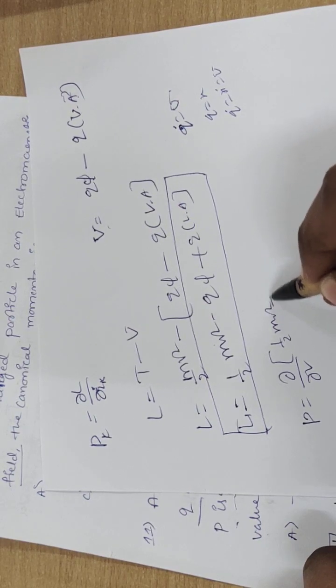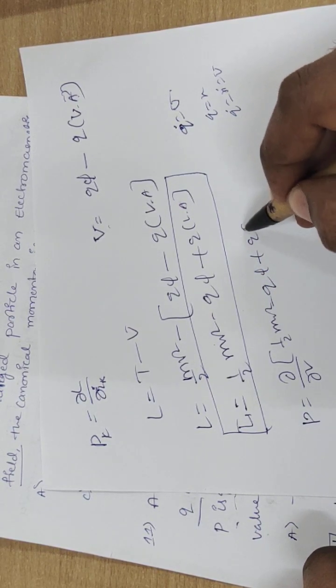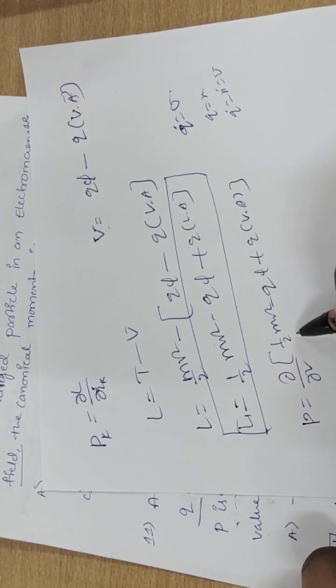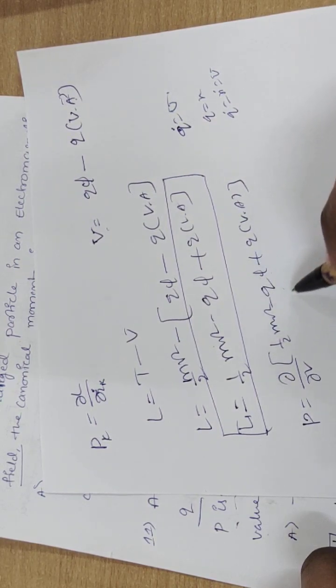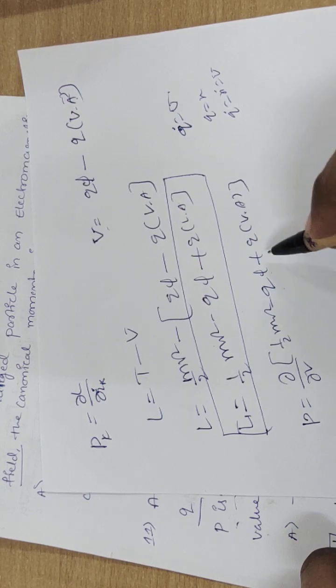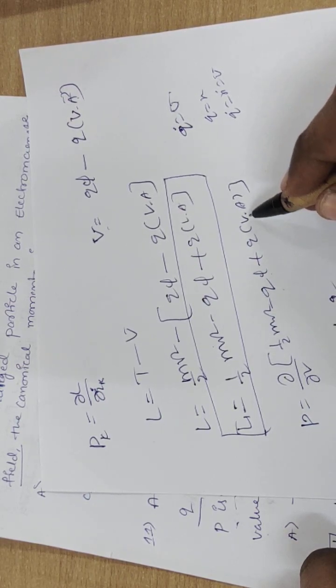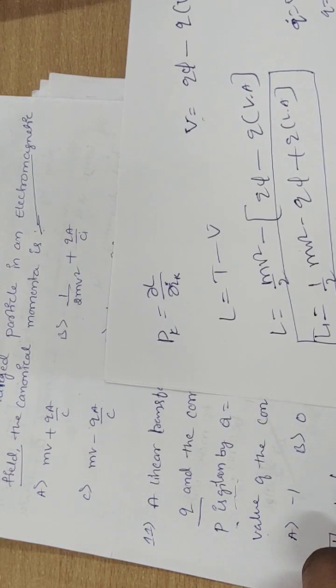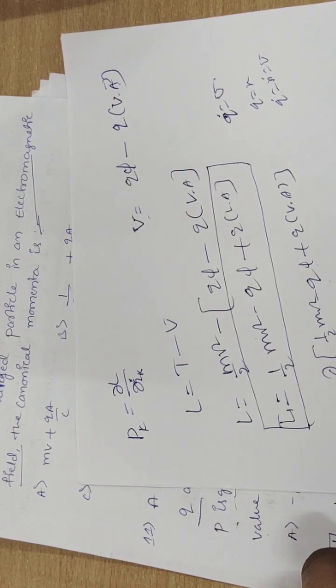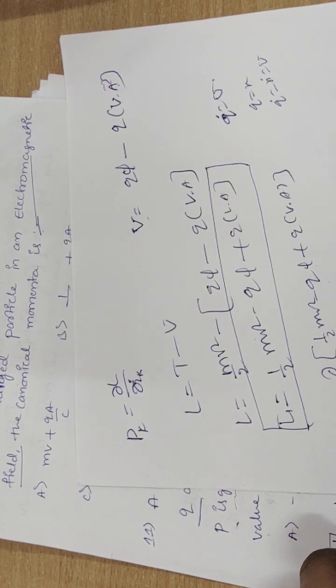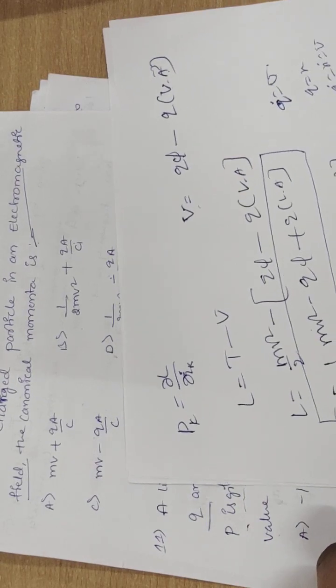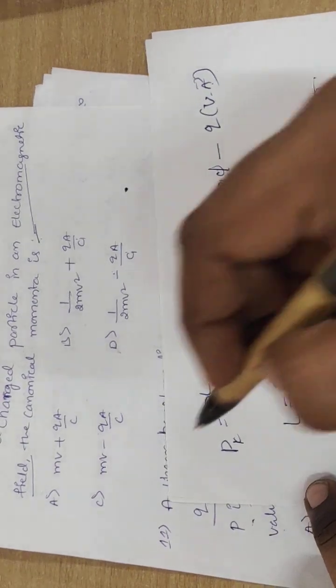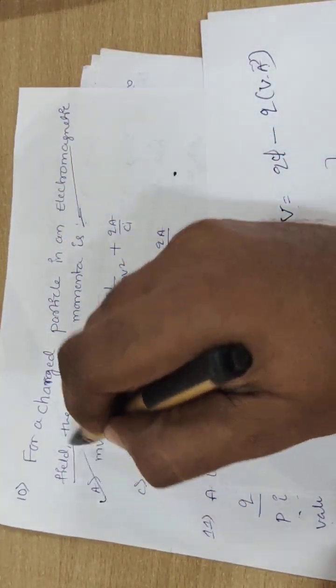Differentiating half m v square minus q phi plus q into v dot A with respect to velocity, we will get m v, the half and 2 cancel, minus q phi has no velocity so it is 0, and plus q into A. So m v plus q A. In CGS terms, we will divide it by c. So p is equal to m v plus q A by c. So option A is correct.